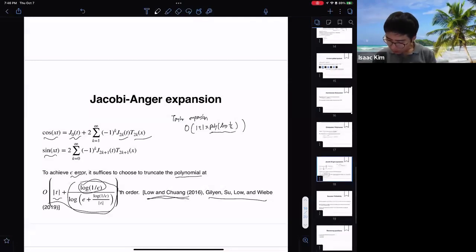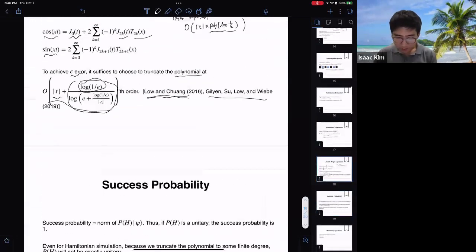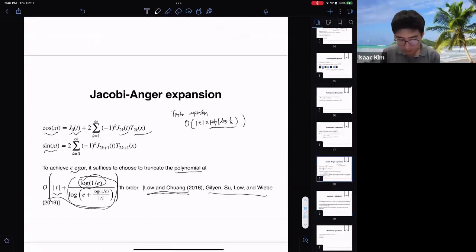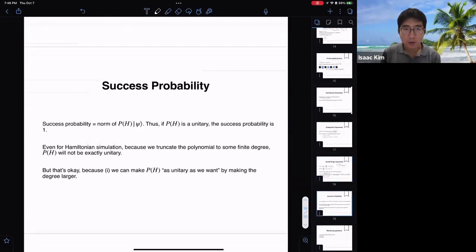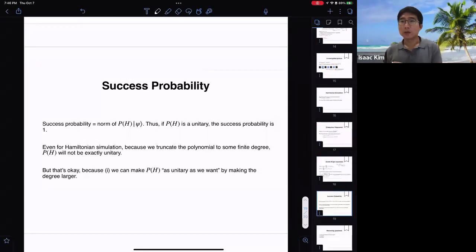So that's all good, but there's one little thing that you might be worried about, which is the success probability. Just to be clear, the polynomial approximation of e to the minus iHt that these guys considered is really a polynomial that satisfies all the conditions.